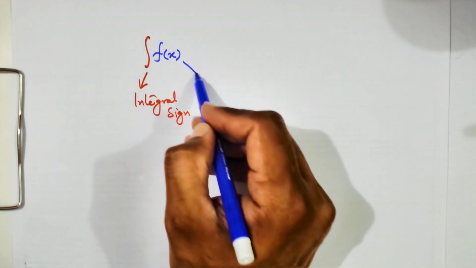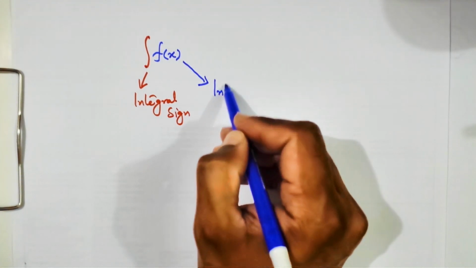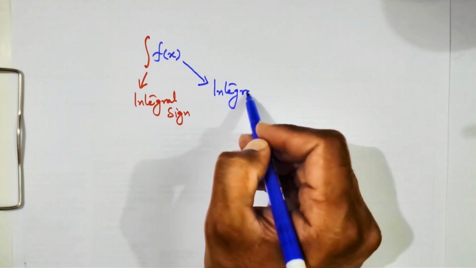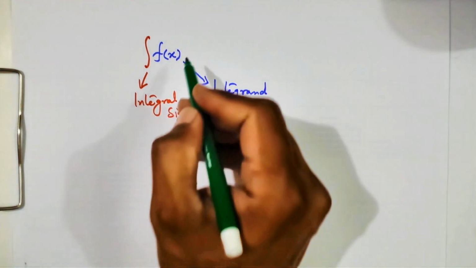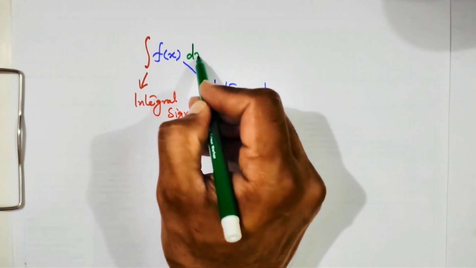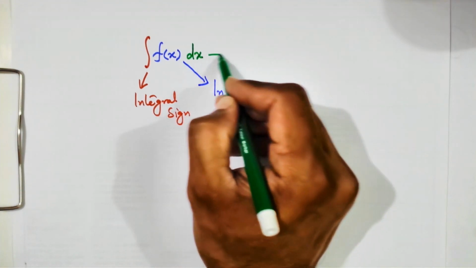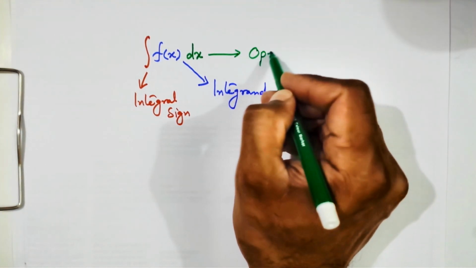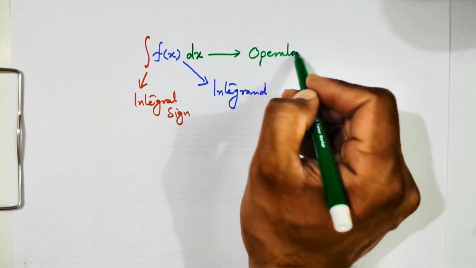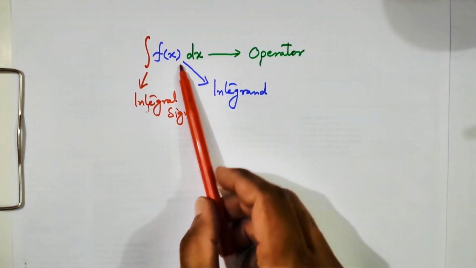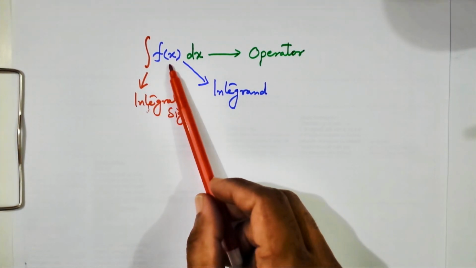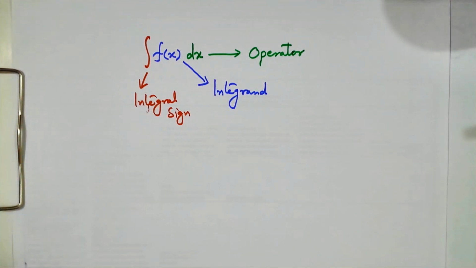This function will be called the integrand. Then there is an operator. So a question of integration consists of these three elements: integral sign, integrand, and operator.